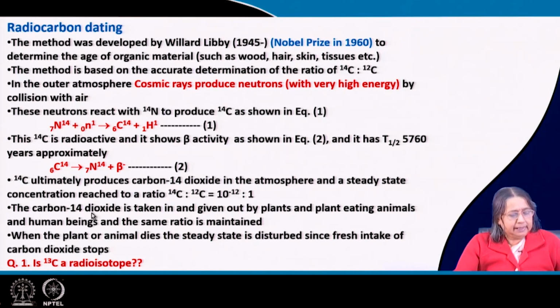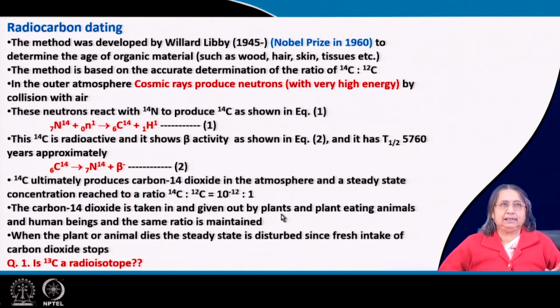Then this carbon 14 dioxide is taken in and given out by plants, because it is a mixture of carbon 14 carbon dioxide and carbon 12 carbon dioxide. So the plant cannot distinguish, the plant is taking the mixture.